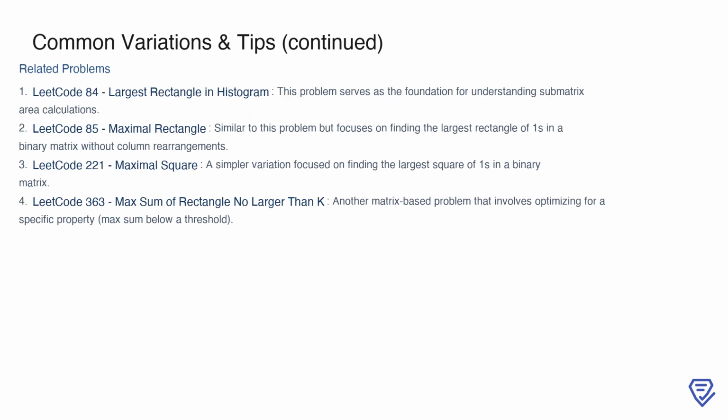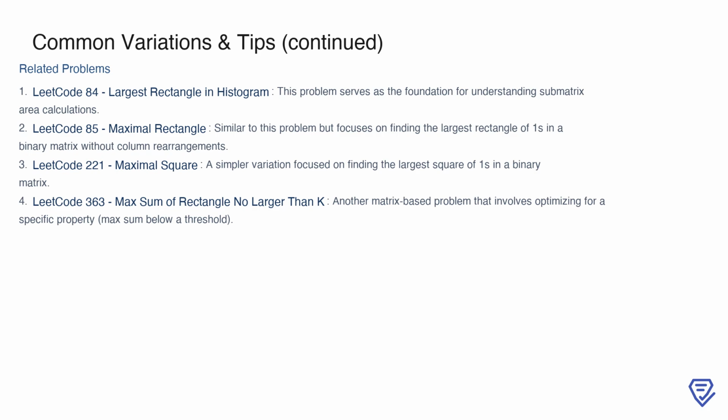This problem also connects to several related problems, which are worth reviewing to deepen your understanding. For example, LeetCode 84, Largest Rectangle in Histogram, forms the foundation for calculating submatrix areas. If you're comfortable with solving the histogram problem, you'll have a much easier time here. Similarly, LeetCode 85, Maximal Rectangle, is another relevant problem, but it focuses on finding the largest rectangle of ones in a binary matrix without allowing column rearrangements.